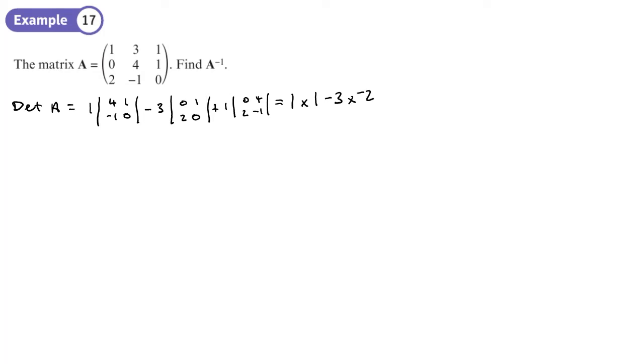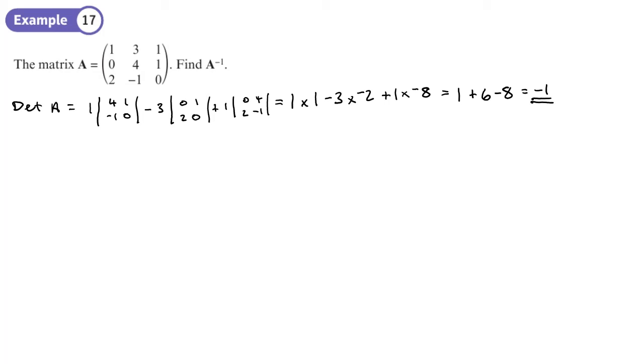Then I'm going to have plus 1 times negative 8, because I'm just going to have 0 minus 8. So that will give me 1 plus 6, which is 7, minus 8. So I get a determinant of negative 1. Okay, so that's step number 1.